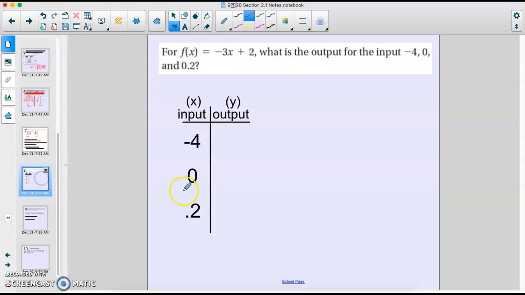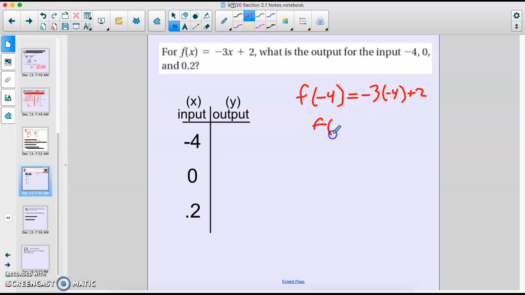Okay. So for f of x equals negative 3x plus 2, what's the output for the input negative 4, 0, and 0.2? The first one, we're going to plug in negative 4. That's why this f of x is kind of handy, because we write out what we're plugging in here. So we plug in negative 3 times negative 4 plus 2.